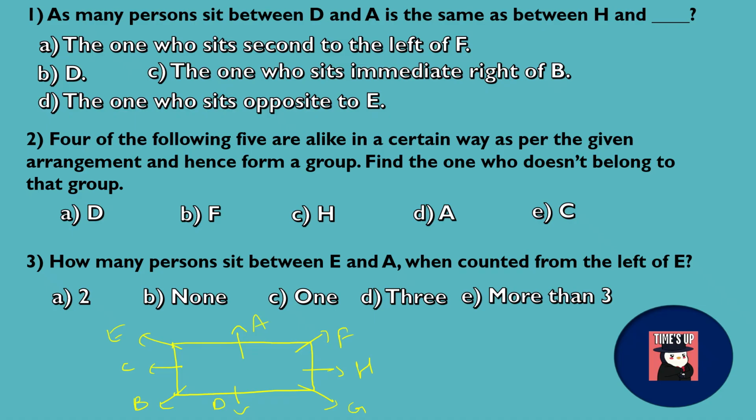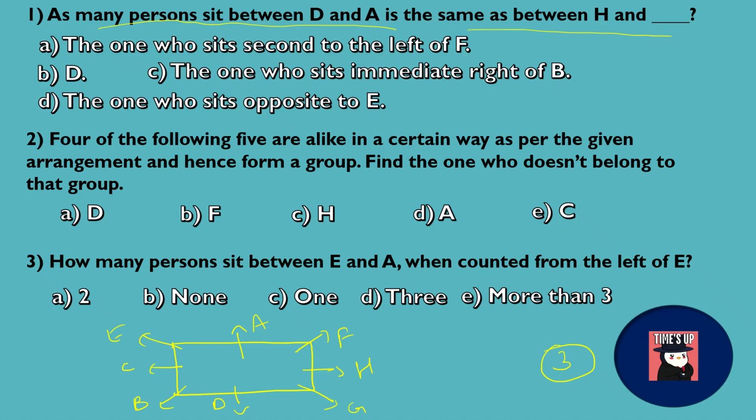So what does the first question tell you? As many persons sit between D and A as between H and dash. How many persons are sitting between D and A? 3 persons, correct? So if 3 persons are sitting between D and A, then the same number of persons should sit between H and the other one.